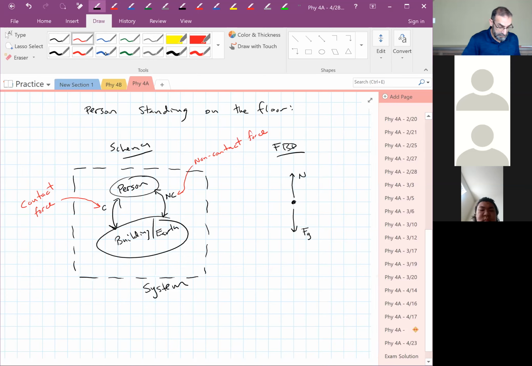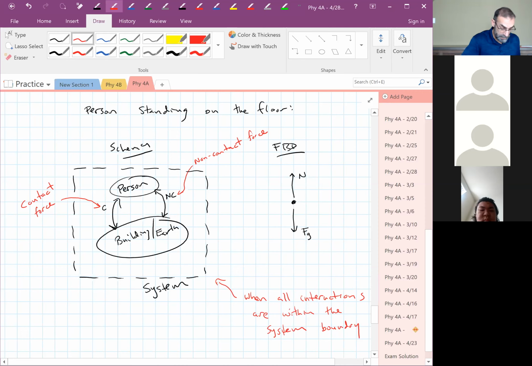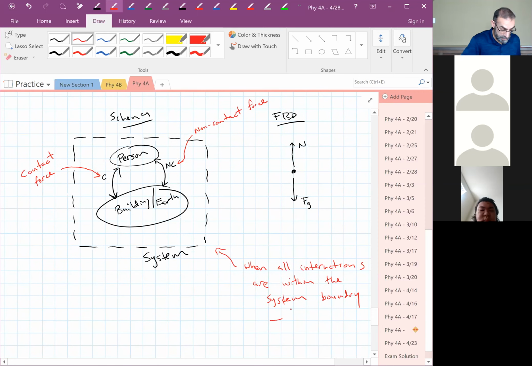And what we'll see later on is that when all the interactions are within the system boundary, then energy is conserved.